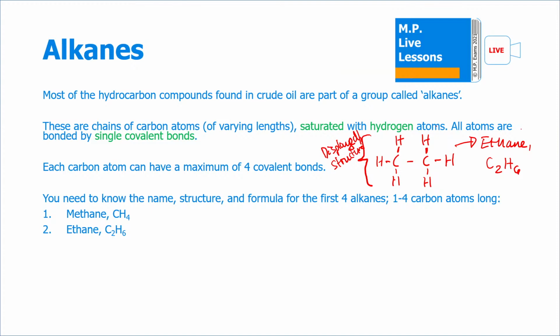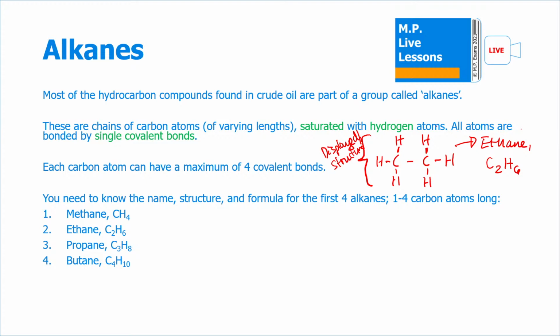The third one you need to know about is propane, which has 3 carbon atoms and 8 hydrogen all around, so in a similar pattern. And lastly, butane, with 4 carbon atoms and 10 hydrogen atoms surrounding the carbon atoms.